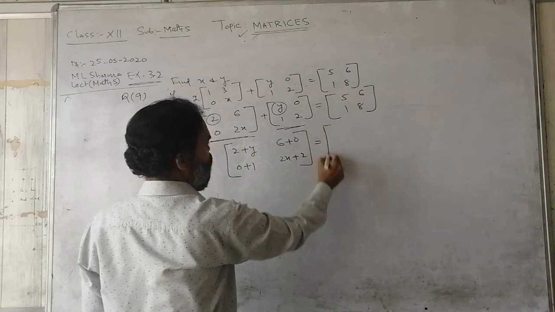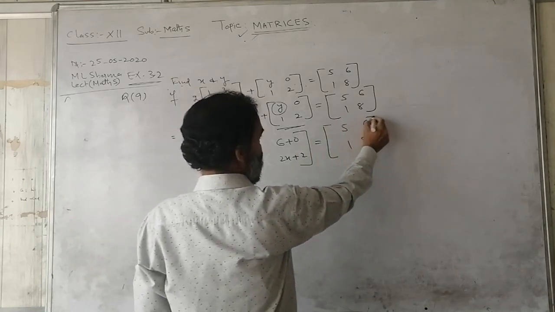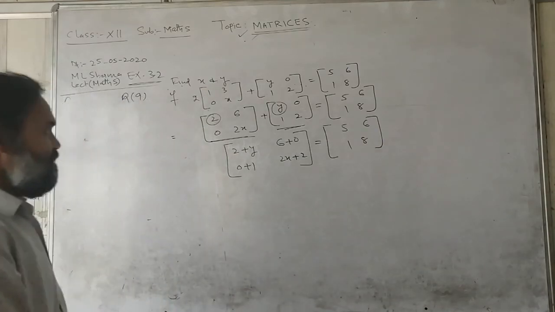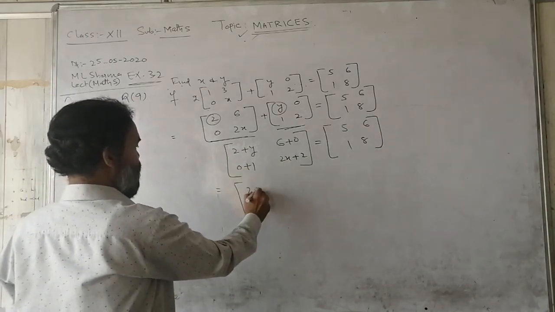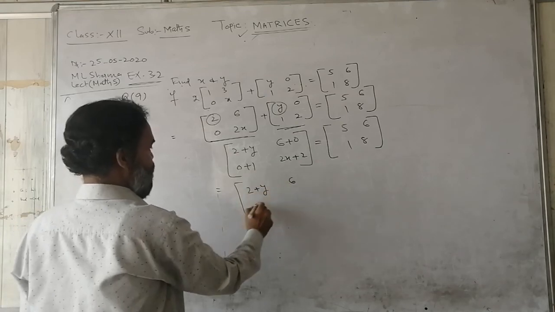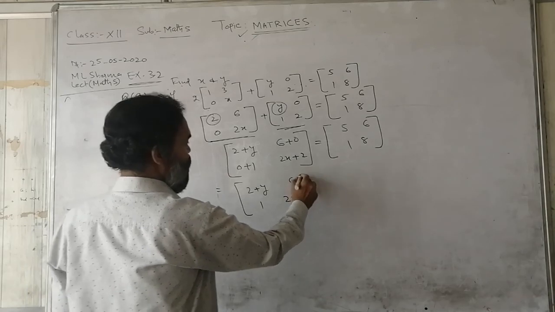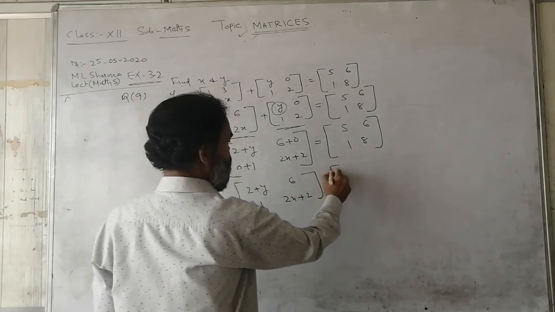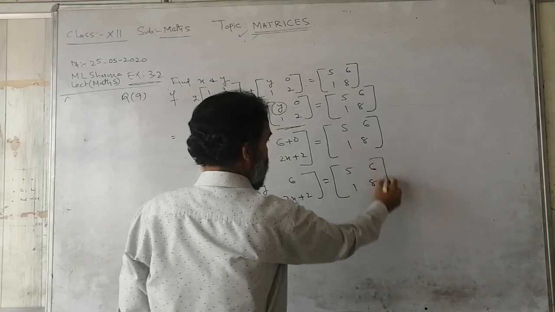This will equal to 5, 6, 1, 8. So I can write 2 plus y, 6, 1, 2x plus 2. This matrix is equal to 5, 6, 1, 8.